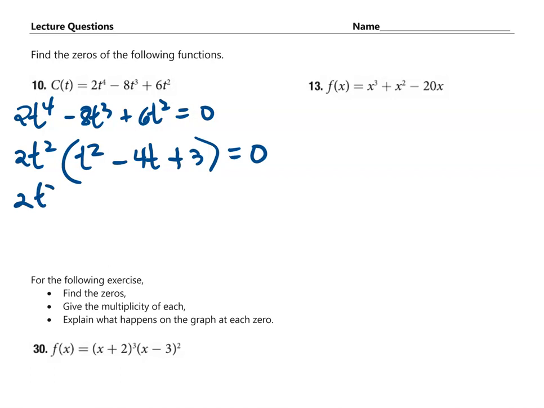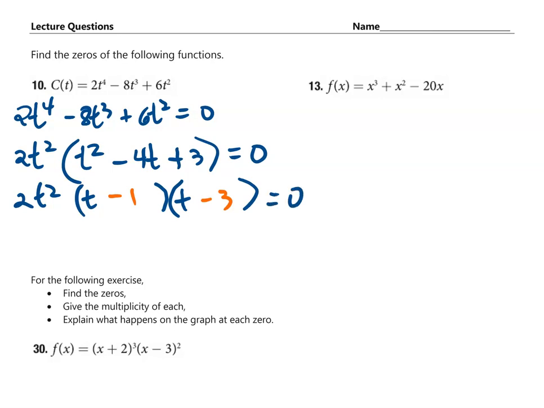And then, is this factorable? t squared is t times t. Can you find two numbers that multiply to 3 and add to negative 4? Yes, it's negative 1 and negative 3. Negative 1 times negative 3 is positive 3. Negative 1 plus negative 3 is negative 4.